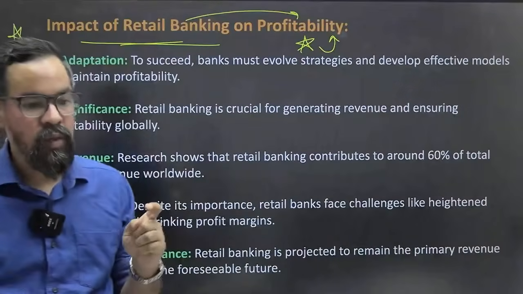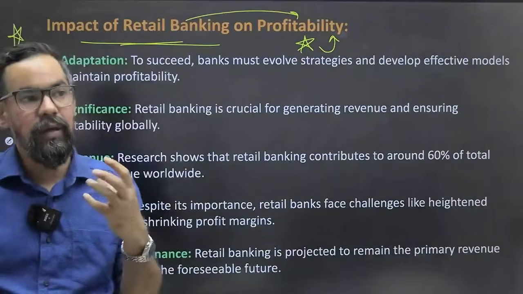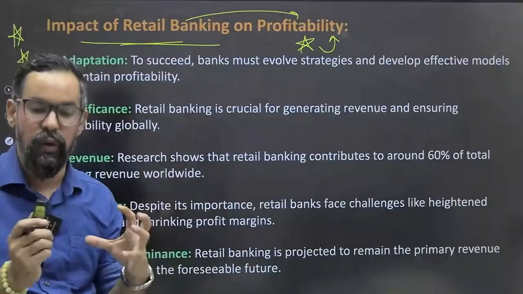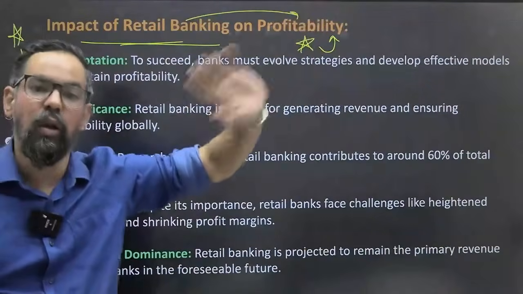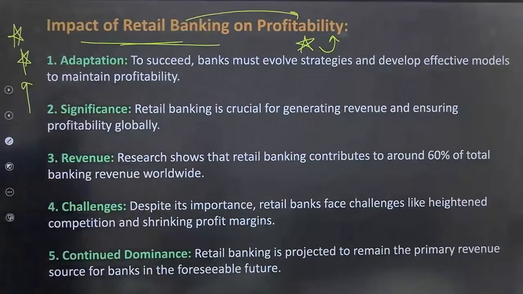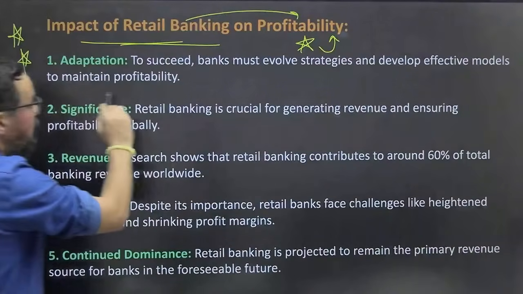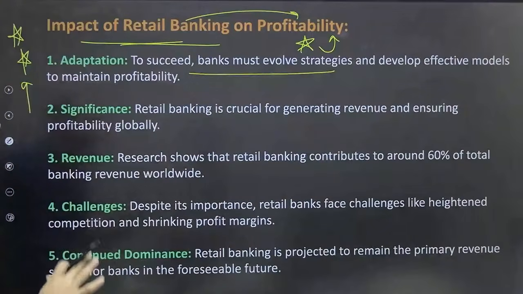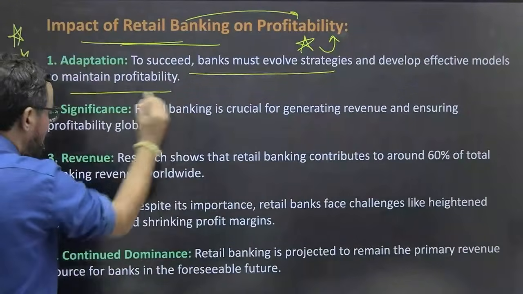We also have standardization in our product: you design one product and it helps a lot, and you earn profit from it. So, to succeed, banks must evolve strategies and develop effective models to maintain profitability.